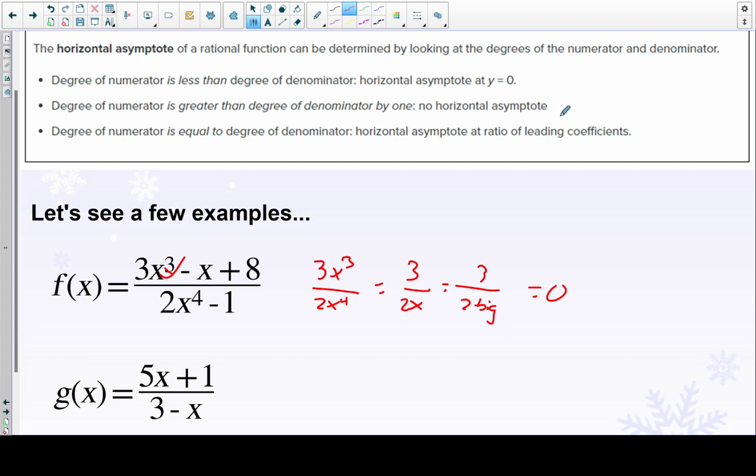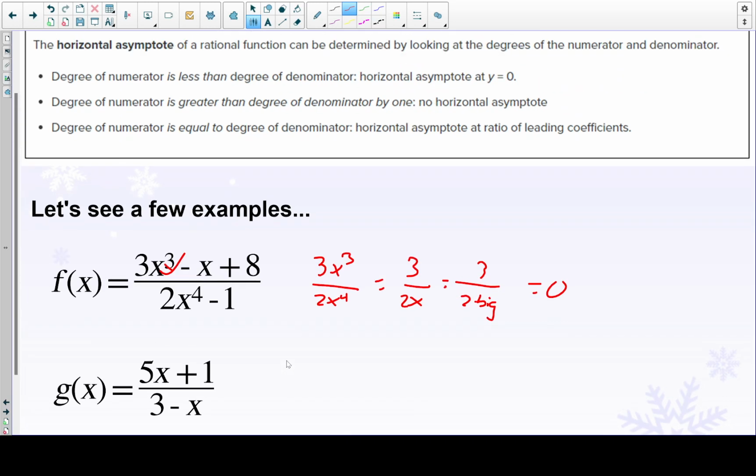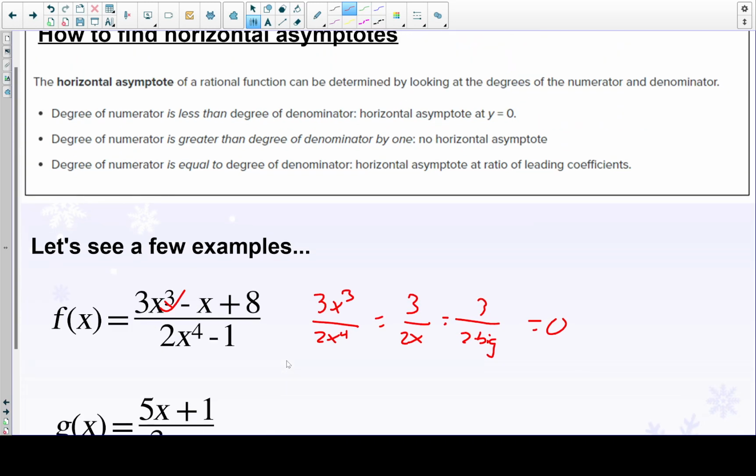Ooh, okay. So that's an interesting one because as long as it's bigger, that function is just going to go up and up and up and up forever. Now I don't have an example of that one exactly handy, but this is the case if you had, say, x to the third minus 5 over x squared.